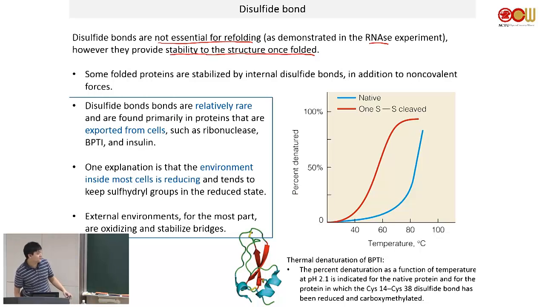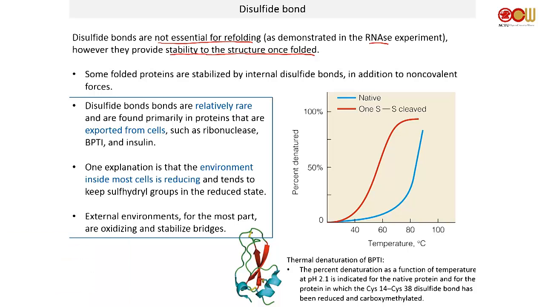So disulfide bonds are also used in that sense. You can have two separate molecules physically connected using disulfide bonds. But for the majority, what disulfide bonds offer is stability for your structure. Some proteins are stabilized by internal disulfide bonds in addition to non-covalent forces.